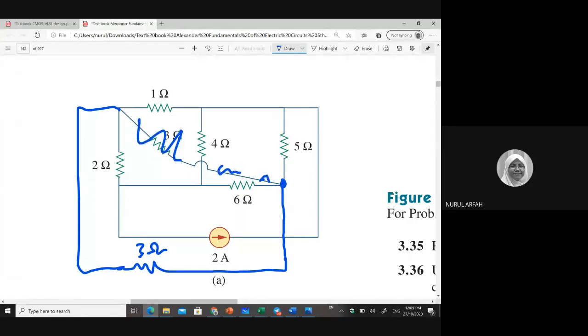Do you think this is planar or not? It's non-planar, right? Because it crosses here. This is a 2 ohms. It crosses this branch. So it's a non-planar circuit, still non-planar. If you move it around to the other side, it's still a non-planar circuit.